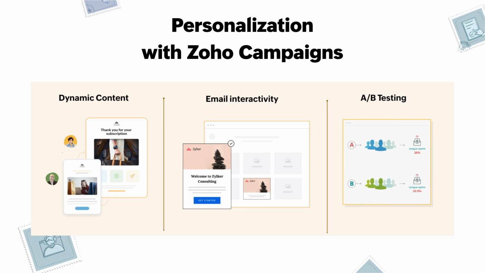And A/B testing is where you create 2 versions of emails, version A and version B, send them to a group of contacts, and understand how each version is working. Once the test is done, we can trigger the winning version to your remaining contacts.